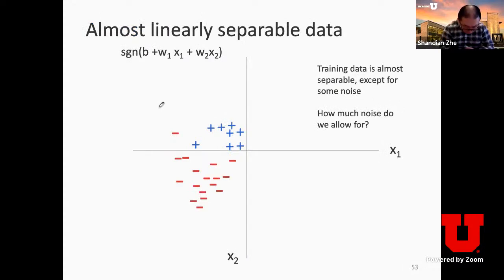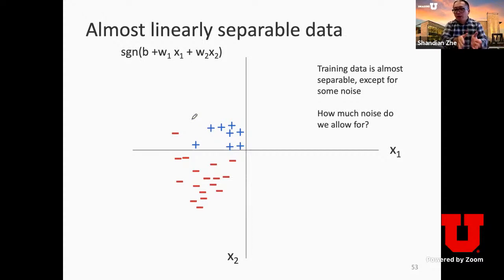Okay, another thing about linear classifiers. In practice, even if we assume the data are simple enough, pursuing a perfect separating hyperplane is too strong an assumption. In most cases, what we assume is that the training data is almost linearly separable.